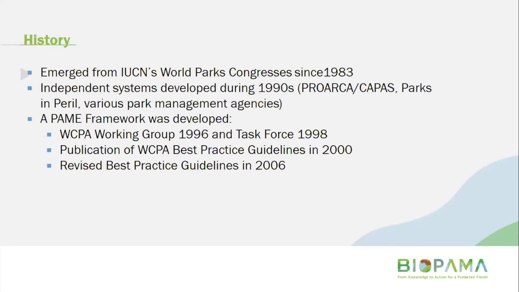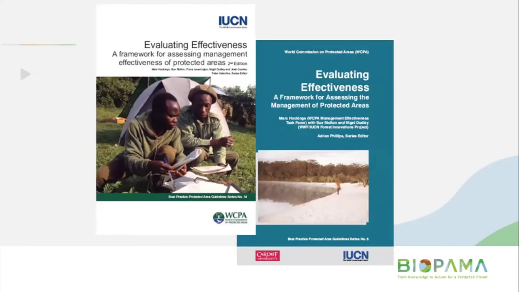And as of 1996, WCPA in IUCN created a working group that became a task force in 1998, and made a big effort to complete the first edition of the guidelines for management effectiveness in 2000 and the second edition in 2006. The guidelines are available online, freely for download.